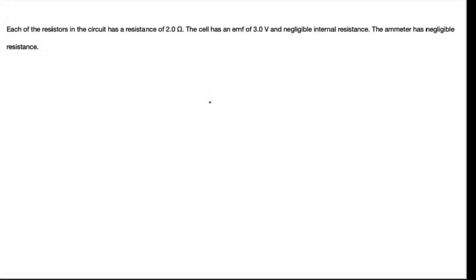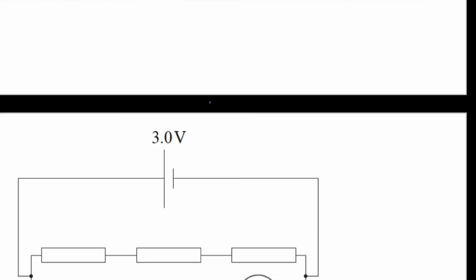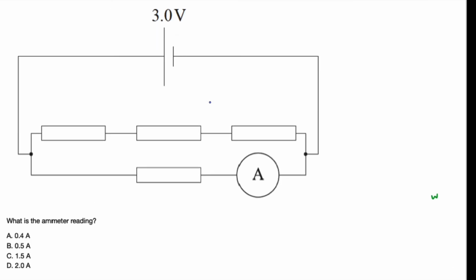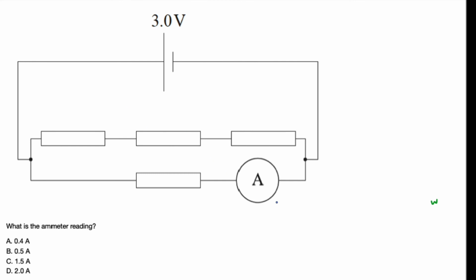Each of the resistors in the circuit has a resistance of 2 ohm. The cell has an EMF of 3 volt and negligible internal resistance. The ammeter has negligible resistance. What is the ammeter reading? The ammeter here measures current in the circuit, and each resistor has a resistance of 2 ohm. So you can calculate the total resistance of the circuit.